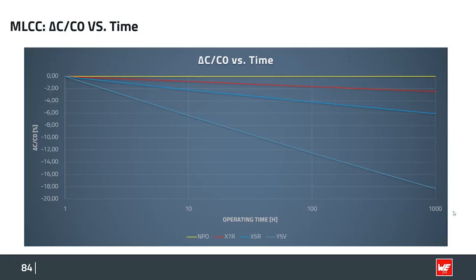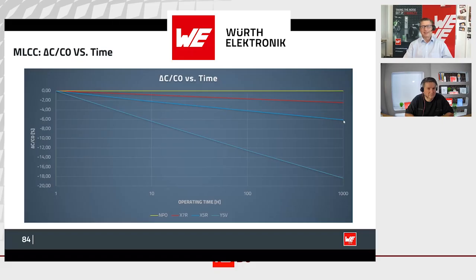After 1,000 hours, there is almost a 20% drop in value. The X7R and X5R are not that much, but they are dropping. If you have an amplifier which is 5 years always plugged into the mains voltage, and one day it will not stop or not start, that's the issue.